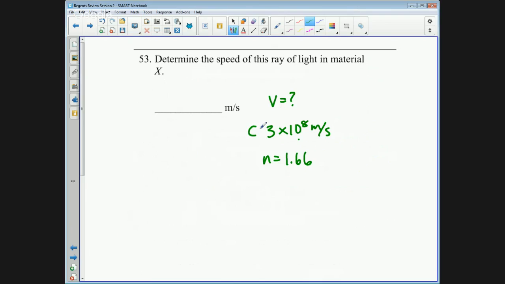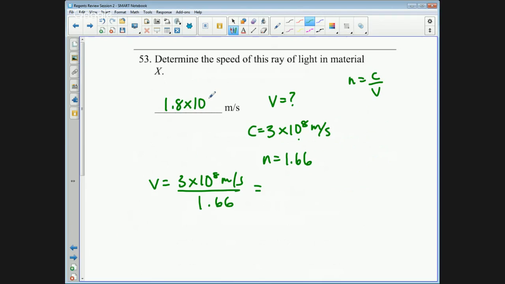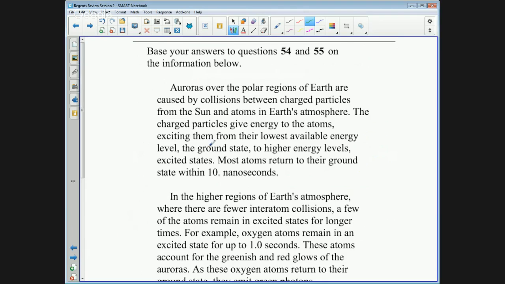So the speed after that is 3 times 10 to the 8 meters per second divided by 1.66. This formula is on your reference table: n equals c over v. So 3 divided by 1.66, and we get a value of 1.8 times 10 to the 8 meters per second. Okay, so that's 53.